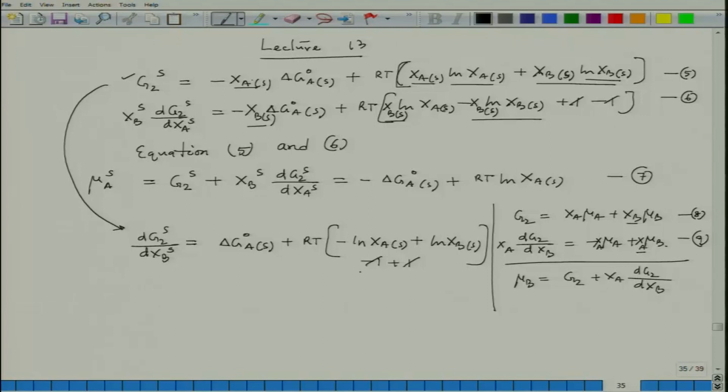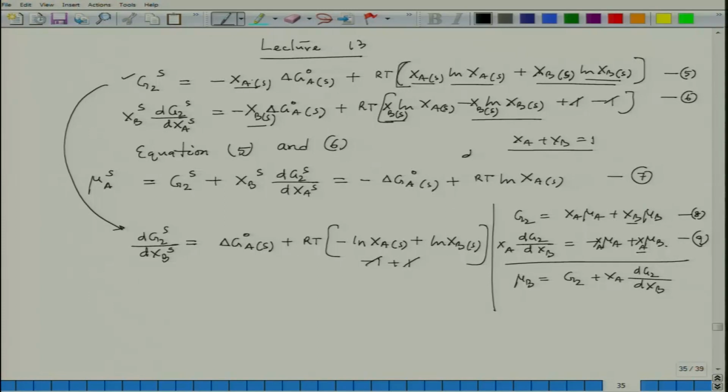So, it would get cancelled because derivative of ln XA solid would turn into minus 1 if we multiply this term again, because XA plus XB equal to 1.